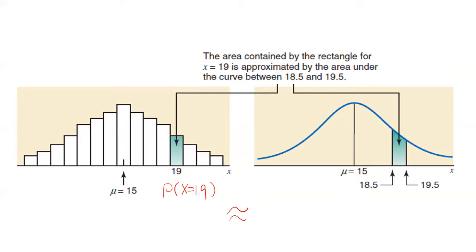And if you want to calculate using normal approximation, you need to do interval correction, which means the original number 19 is expanded to a small interval, which is 18.5 to 19.5.